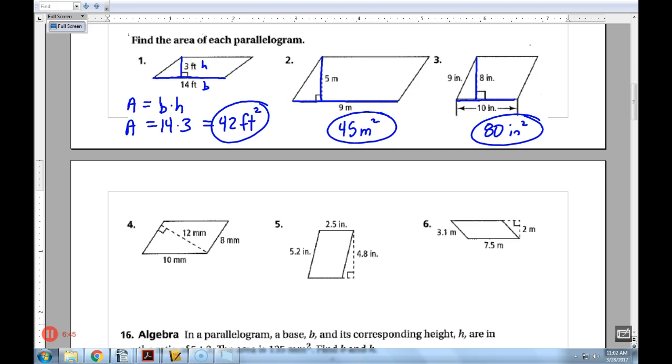So if you look at this problem here, number 4, I see a base is 10 and this is the other base, but there's no height in there. So I can't do it going that way.